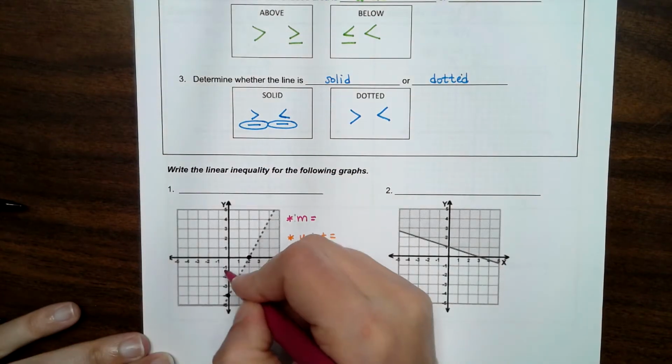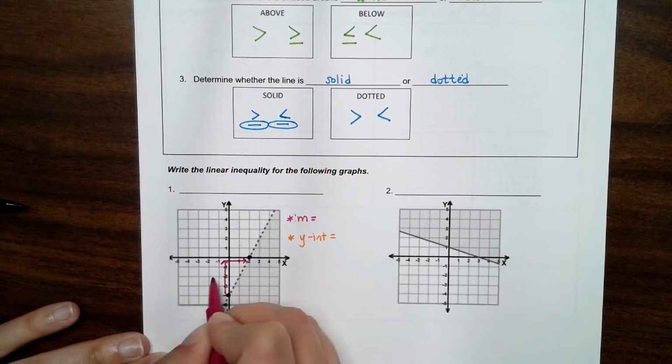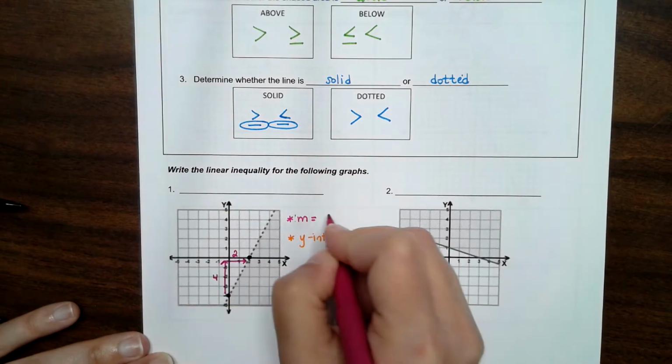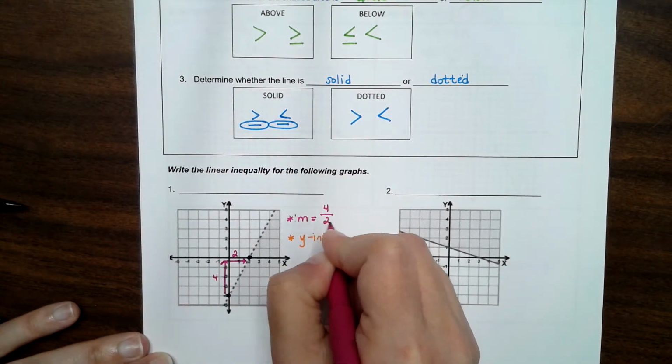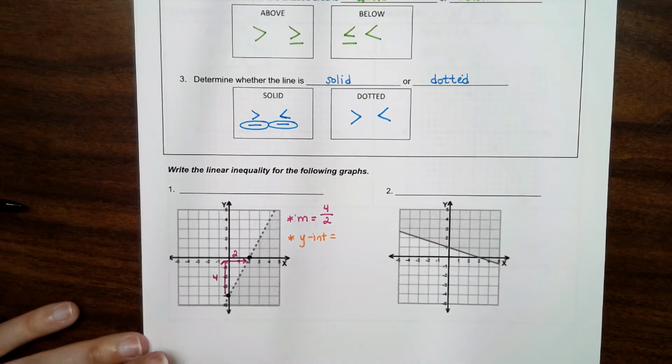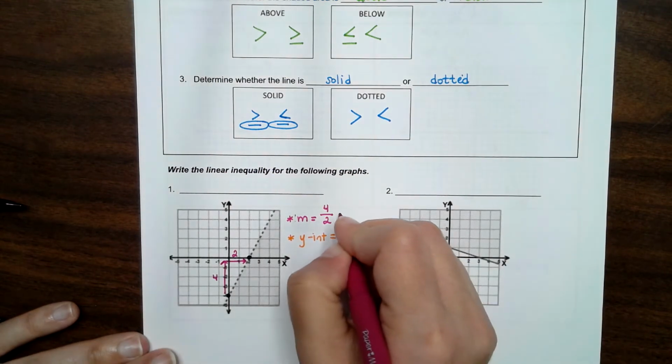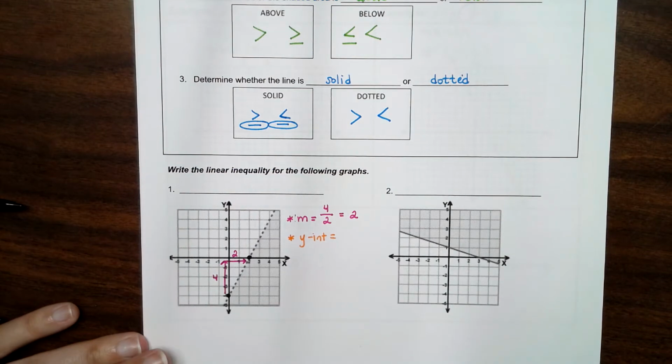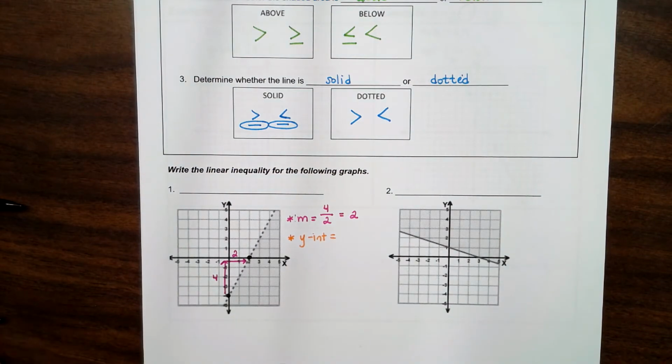So the slope would be rise 4, run 2, which means I would write 4 over 2. Now, since 4 divided by 2 can simplify to just plain old 2, I would do that simplification. And you should always simplify your answer if possible.